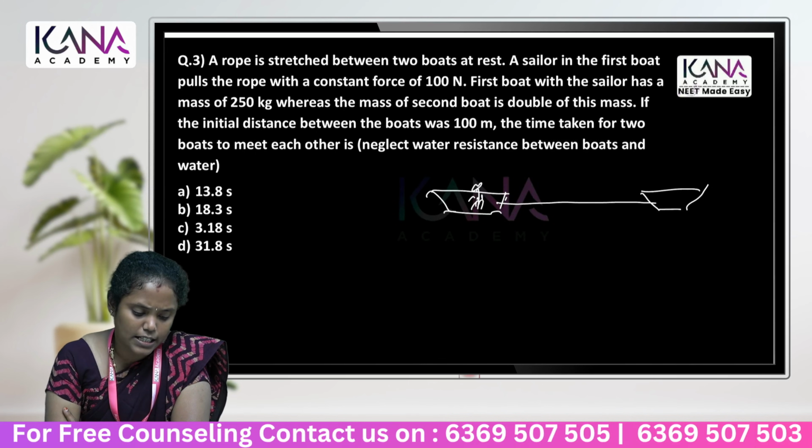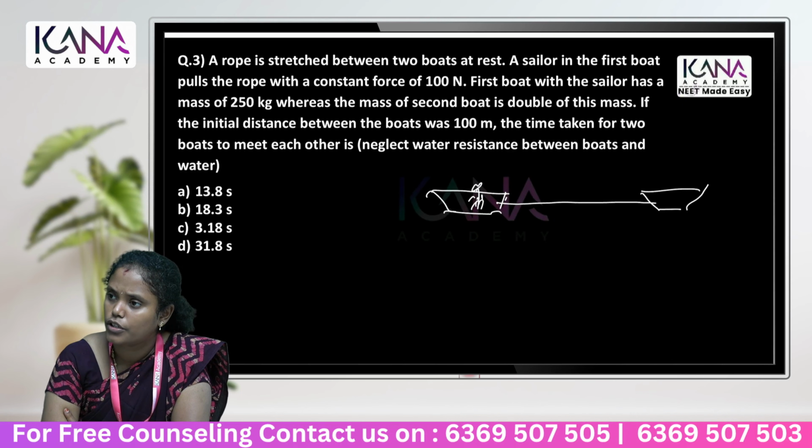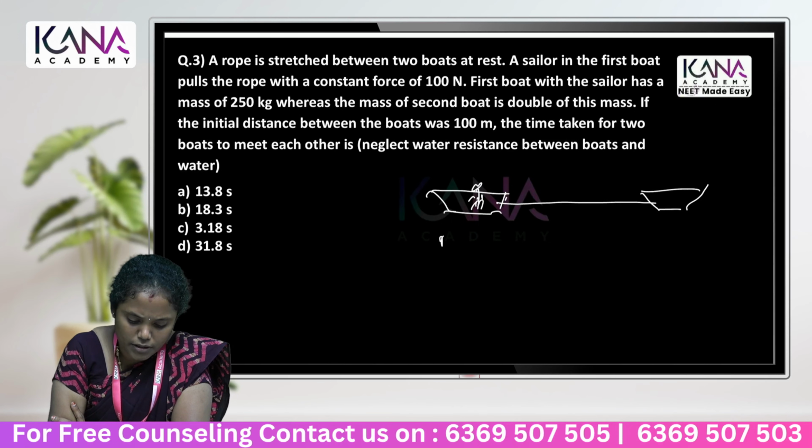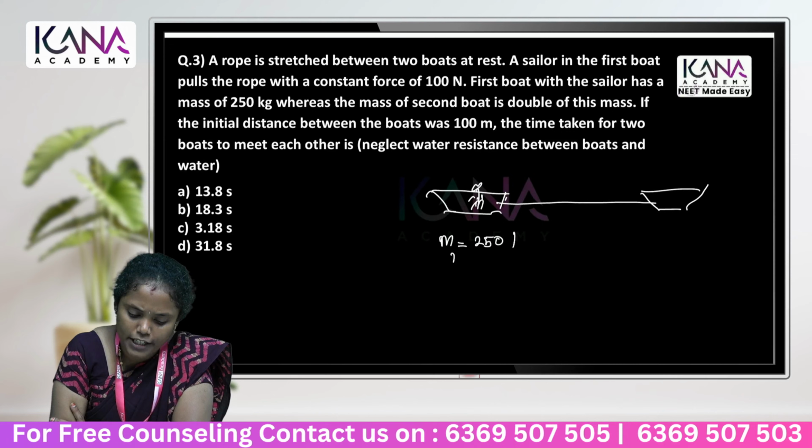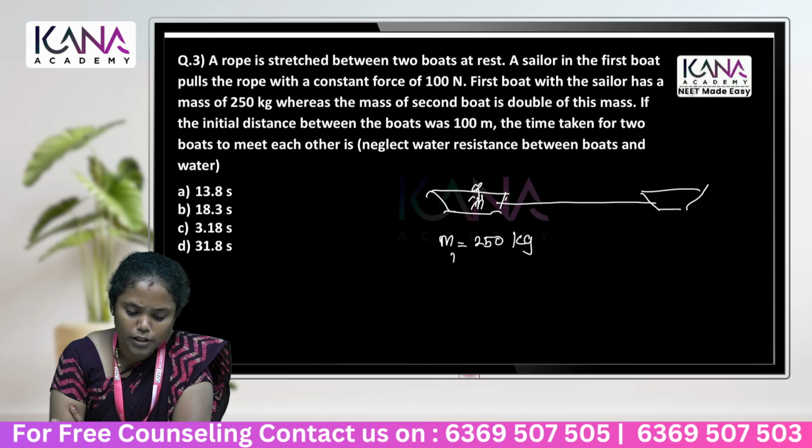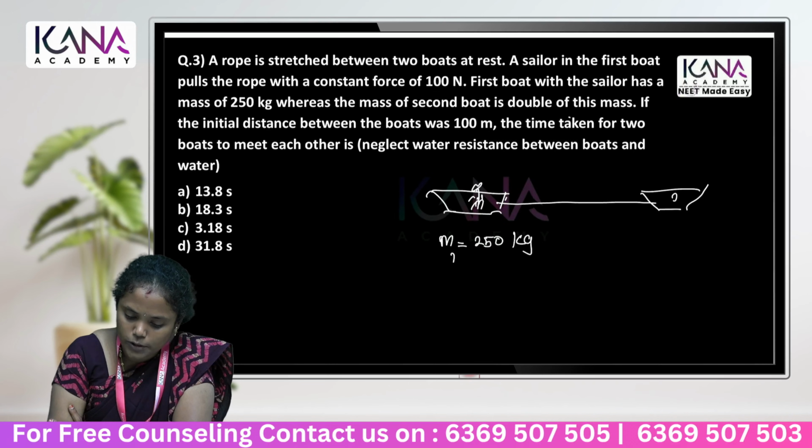The first boat with the sailor has a mass of 250 kg. Whereas the mass of the second boat is double of this mass, so M2 should be 500.